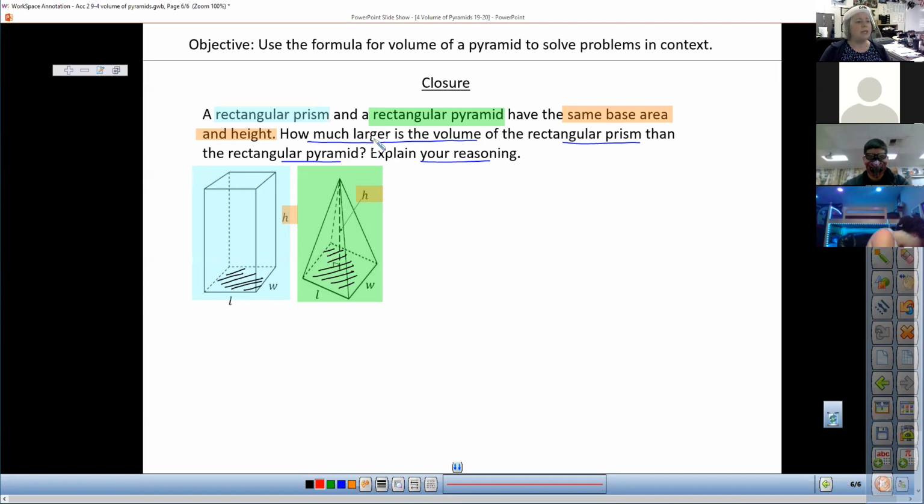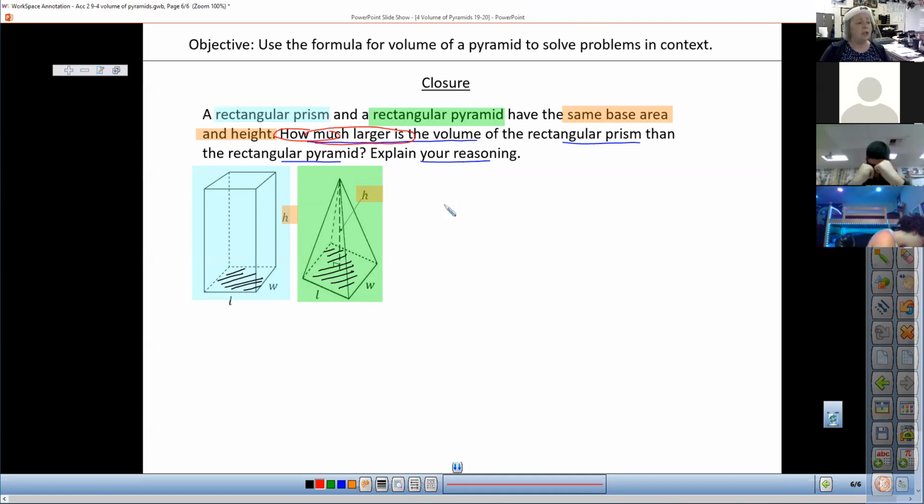So when you're figuring out how much larger one volume is than another, it's like if I take the smaller volume times a certain number, I would get the bigger volume. That's what it means by how much larger is one volume over the other.